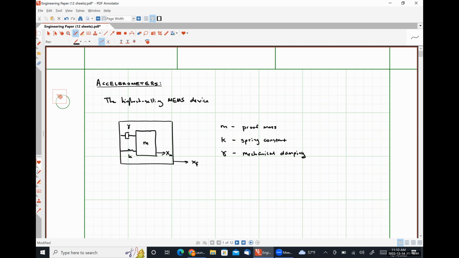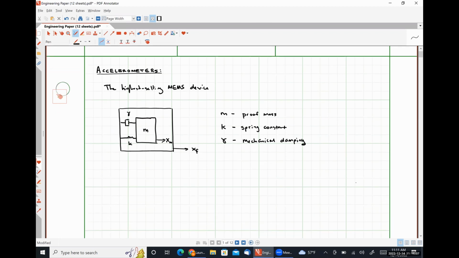Alrighty, so due to the inertia of the mass, if the frame moves, it's going to take some time for the mass to move. So there is a slight lag or signal lag that causes the movement of the mass to lag behind movement of the frame. If we wanted to describe our system, we could develop an equation.